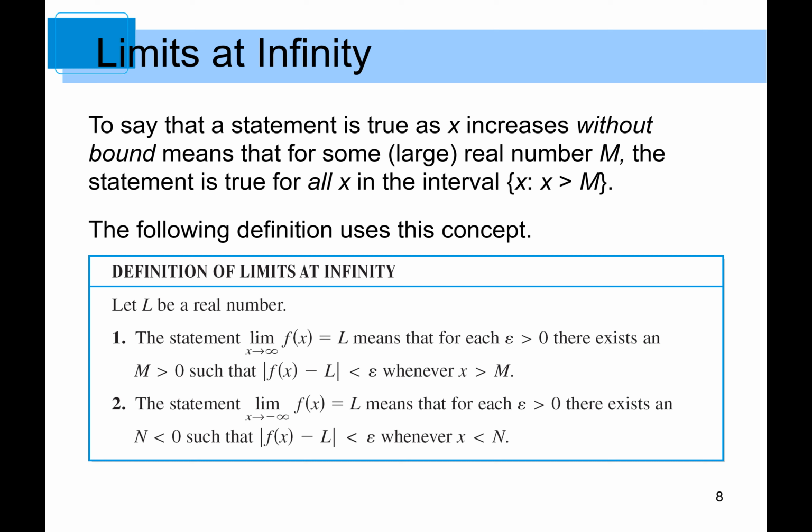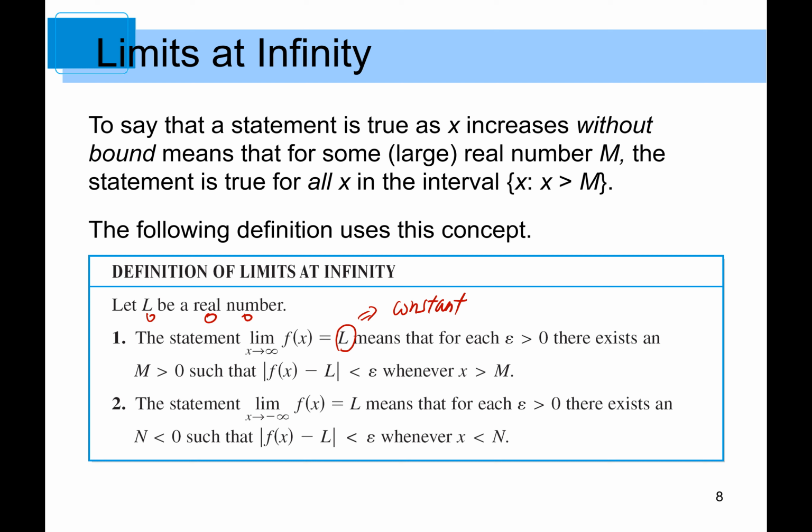Definition of limits at infinity: let L be a real number, and the statement limit when x approaches positive infinity of f of x equals L, where L is a constant, means that for each epsilon greater than 0, there exists a real number m greater than 0, such that the absolute value of f of x minus L is less than epsilon whenever x is greater than m.